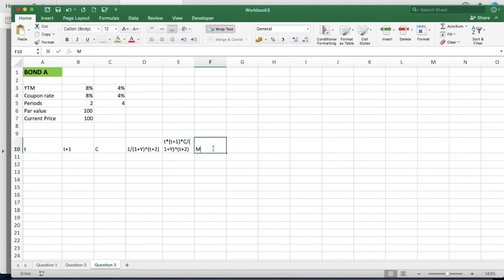Then we have the par value, and finally n times n plus 1 times m divided by 1 plus y power n plus 2.